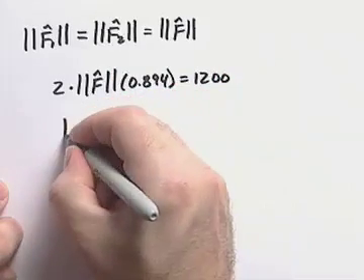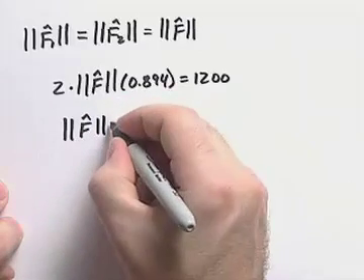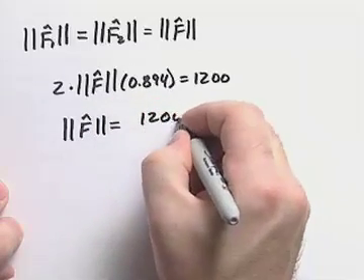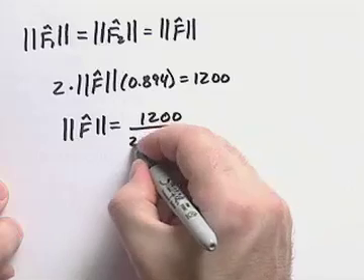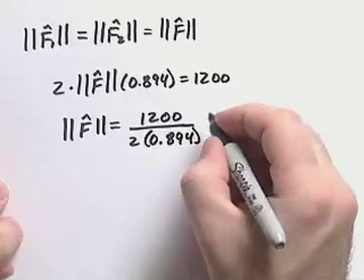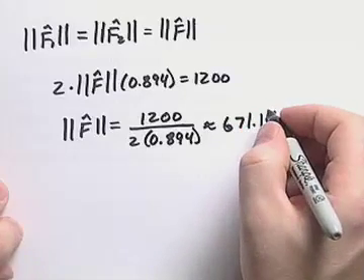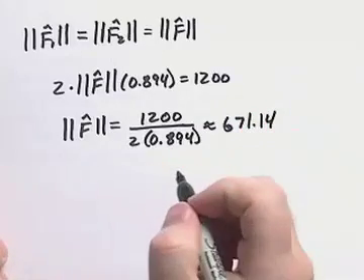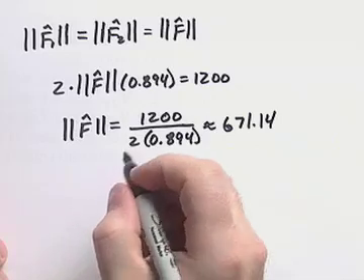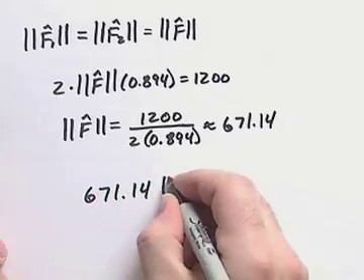Or we'll get the magnitude of F is equal to 1200 divided by 2 times 0.894, which is approximately 671.14. Therefore, the cable must be able to endure a tension of approximately 671.14 pounds.